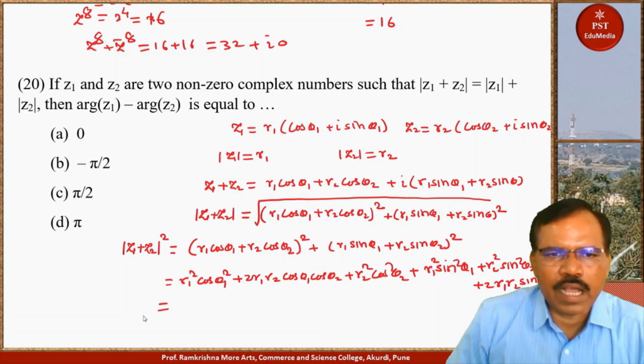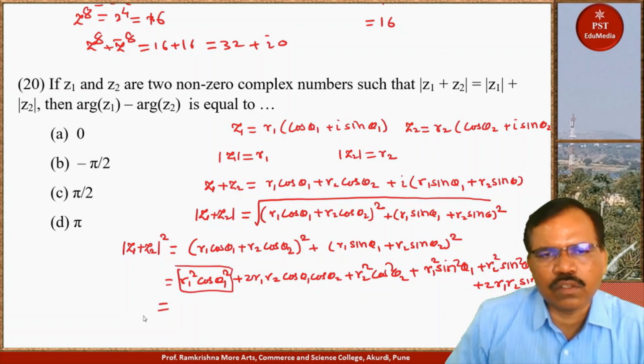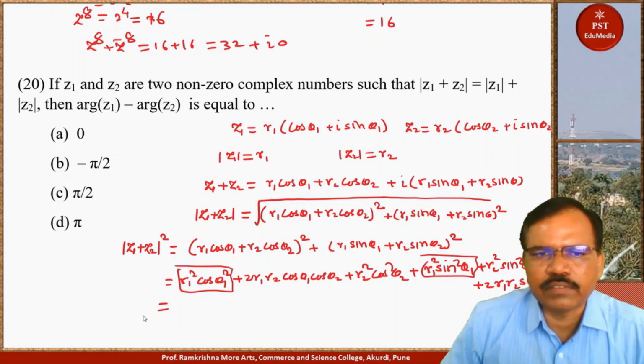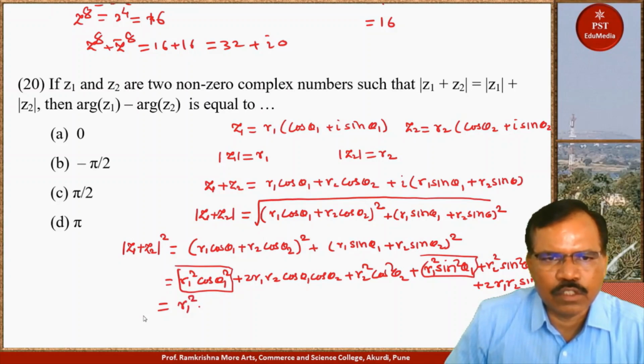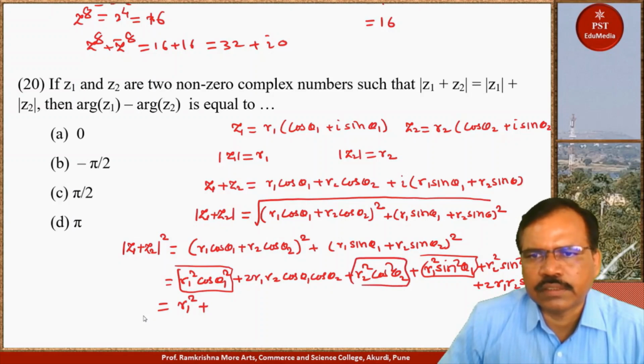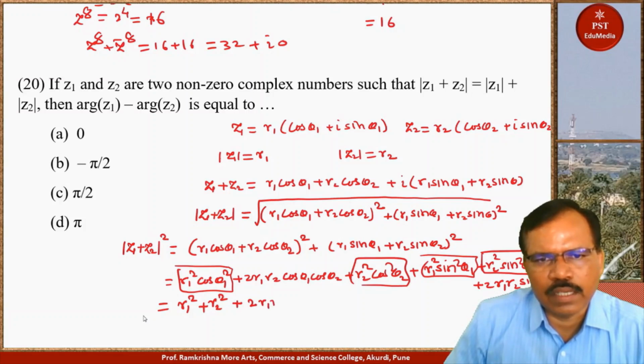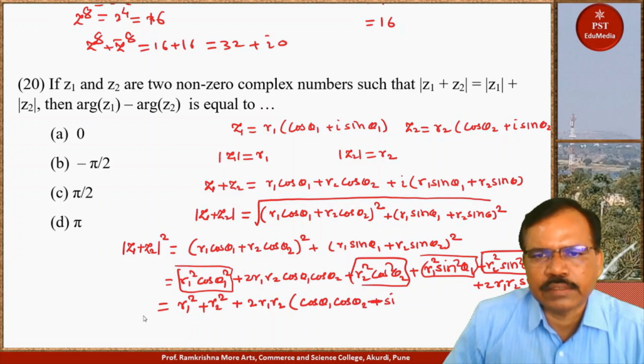So R1 square cos square theta 1 plus R1 square sin square theta 1 is R1 square, plus R2 square, plus 2 times R1 R2 (cos theta 1 cos theta 2 plus sin theta 1 sin theta 2).